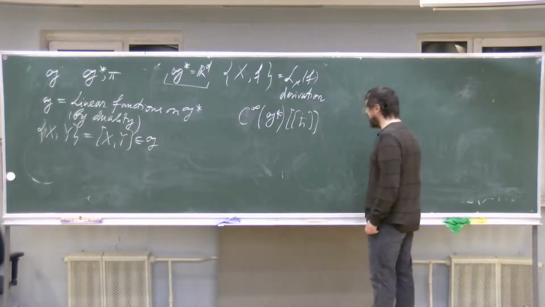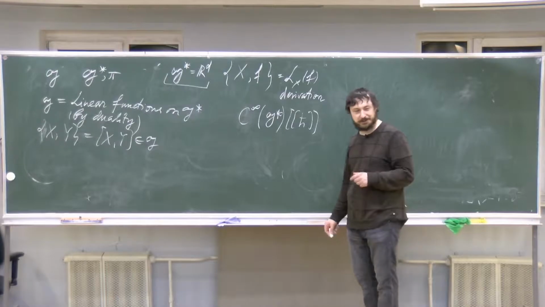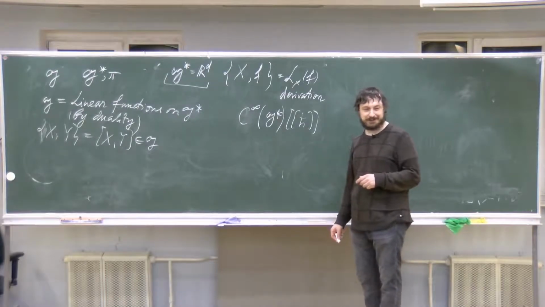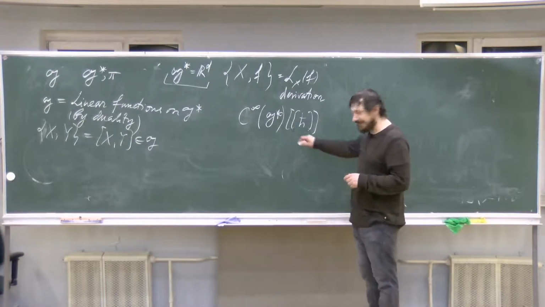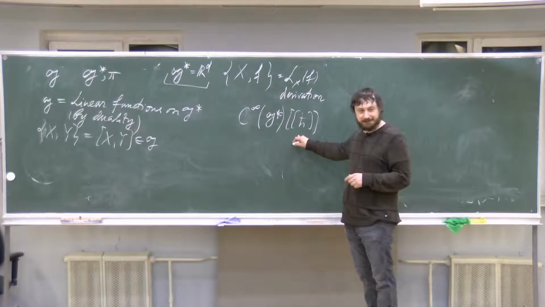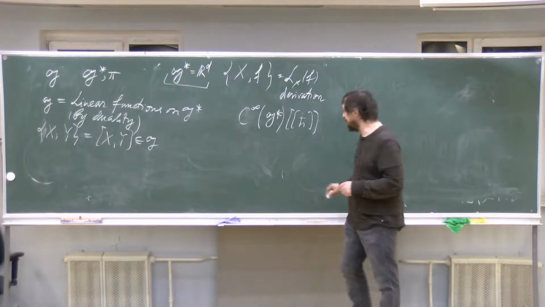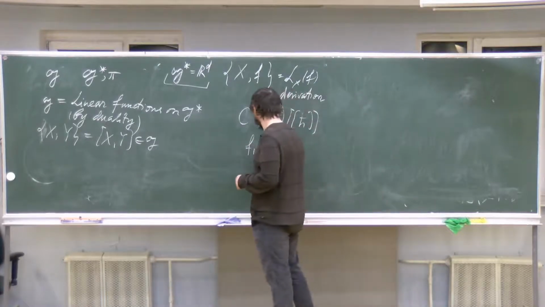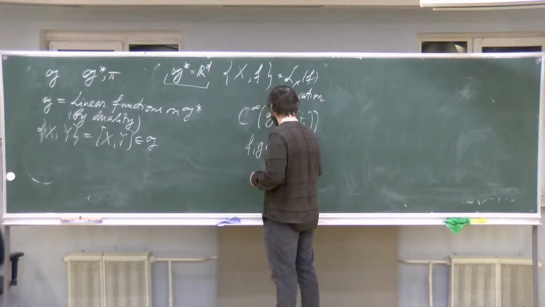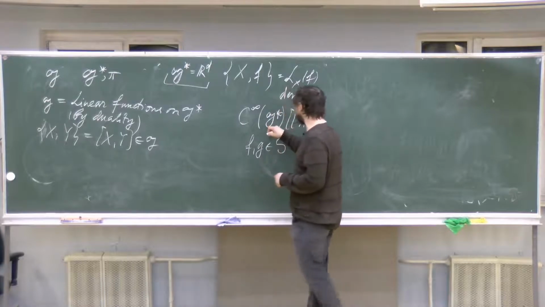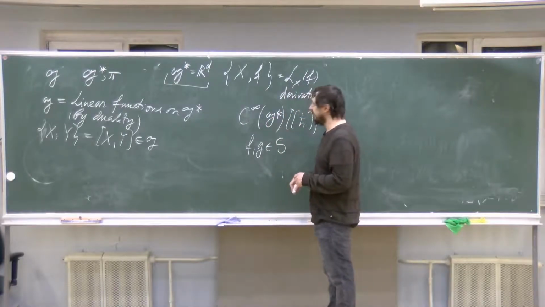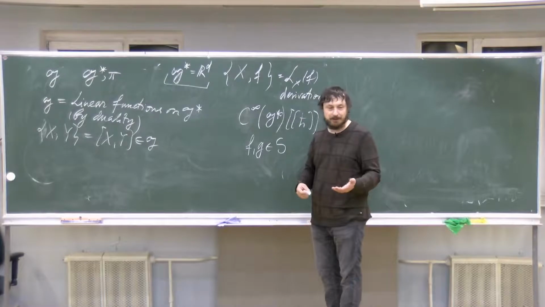And it is easy to see, I think I explained this to Dejan when we talked yesterday, that this star product sends polynomials to polynomials, actually. So if you have two polynomials, f and g, so polynomial functions on G star, you can regard it as a polynomial of linear functions.